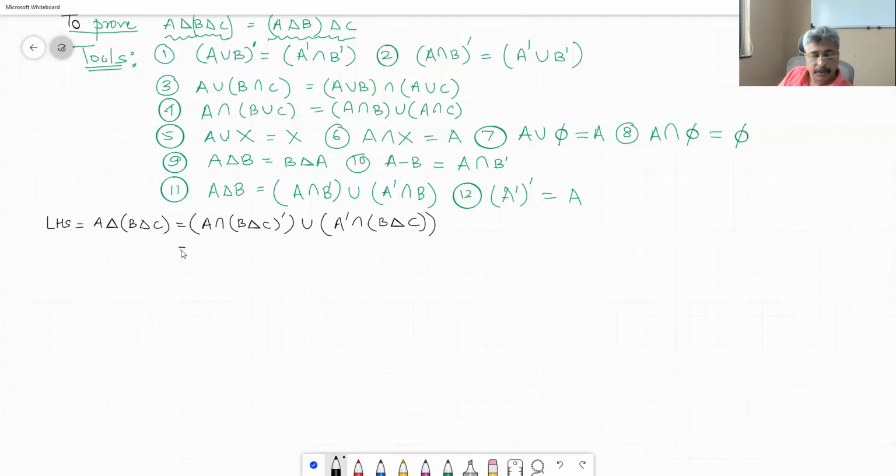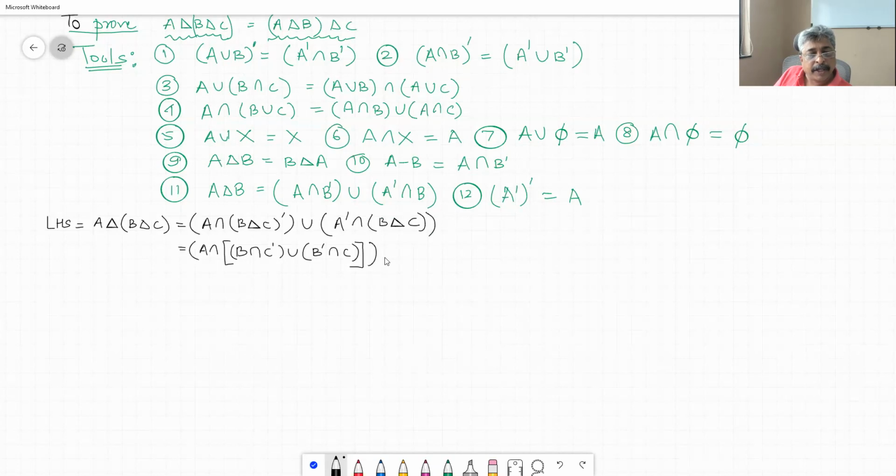This is the first step. Second step. Let us write meaning of this delta also. So A intersection, meaning of this delta is B intersection C complement union B complement intersection C, correct?